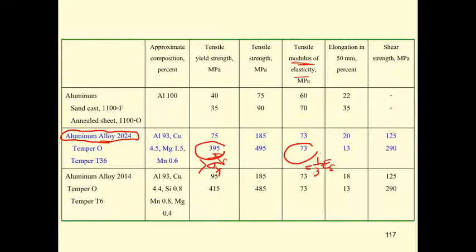That means when you design an aluminum structure, you are going to have what is called deflection-controlling, or another name, stiffness-controlling design.